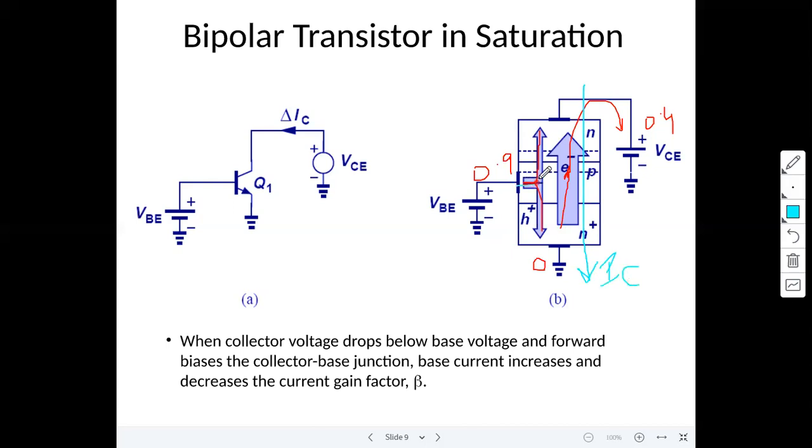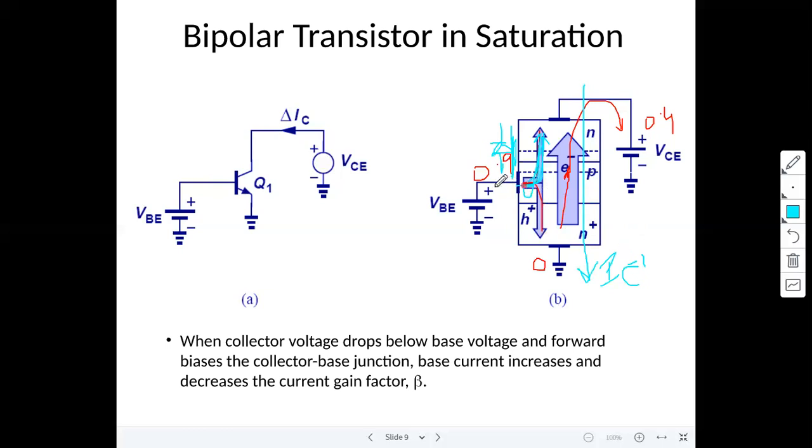But there is a hole current which will oppose the IC current in the collector base region. This is also a diode, forward biased, and the majority carriers cross here. So this current will oppose the IC current, and the net collector current in saturation decreases.